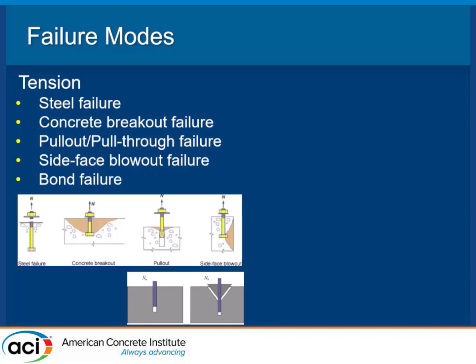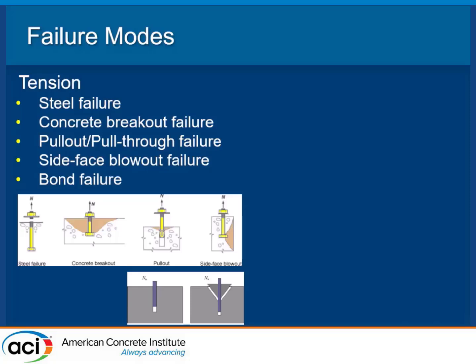Now we're kind of getting away from how 318 works, where we do a beam, we do our design, we make sure it exceeds the loading, and then we put our reinforcement in very particular ways, but we don't really have a checkbox, like in steel, where I have to address this mode of failure, that mode of failure. Well, this is much more in that type of design way of thinking. So we'll be checking steel, concrete breakout, pull out, side face blowout, and bond failure.